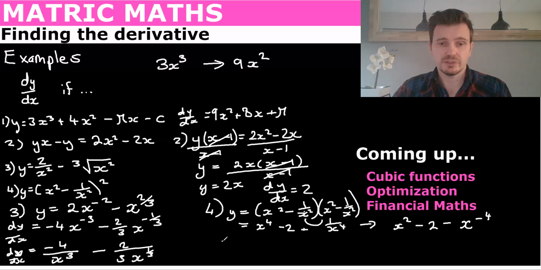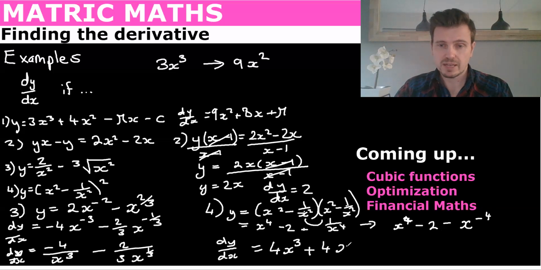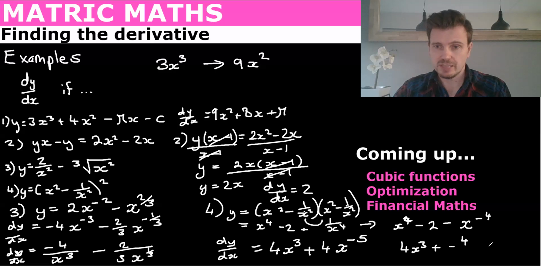Now I can just use my usual dy over dx, x to the 4, that's a 4 here, 4 times 1 is x, take 1 off the 4 to become 3, 2 goes away because there's no x, minus 4 times minus is a plus, so it becomes plus 4, x to the minus, and now it's 5 because I take another one off here when I'm finding the derivative. And finally, what I can do is just tidy it up because I don't want negative exponents, so the x goes to the bottom and becomes x to the 5.